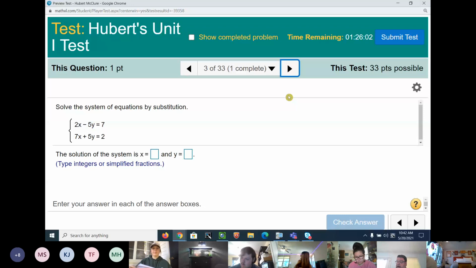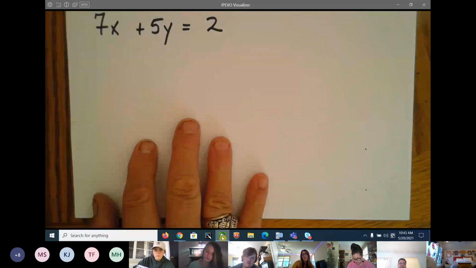2x minus 5y is equal to 7. And 7x plus 5y is equal to 2. Now, remember, when you're doing elimination, you want to look for 2 things.